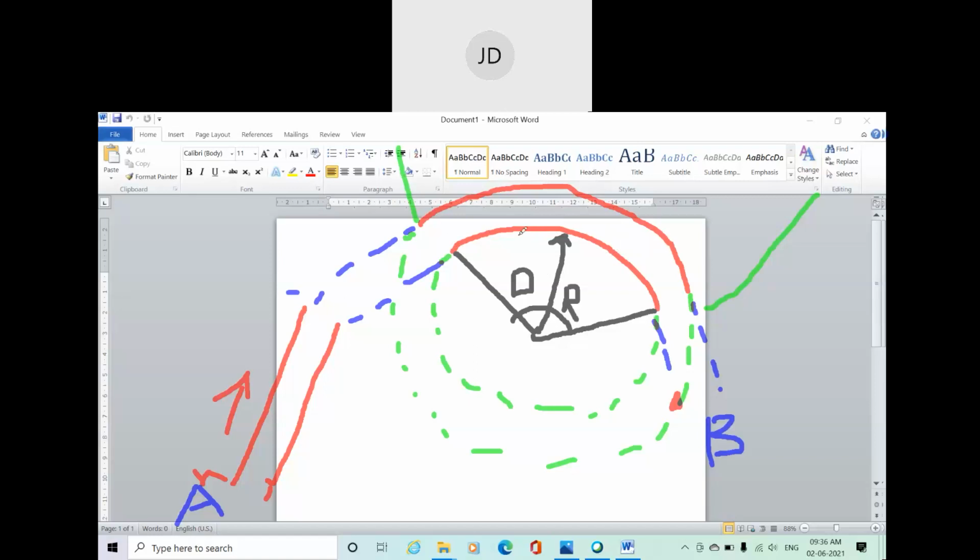That resistance is inversely proportional to the radius and directly proportional to the degree of the curve.